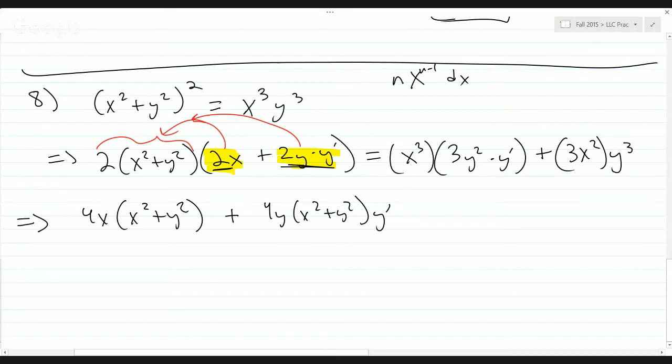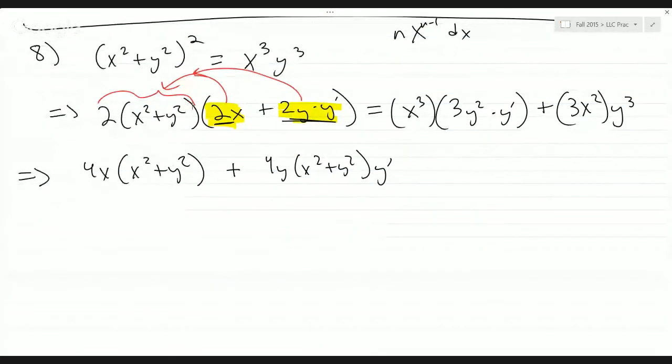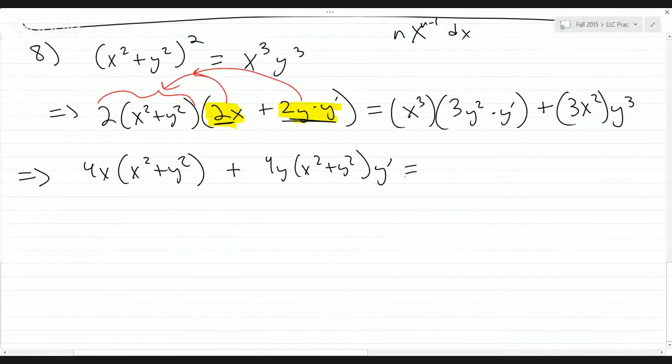All right. So once you guys know that you needed to do that, then it's again basic algebra in isolating y prime. So on the right hand side, we have 3x cubed times y squared y prime plus 3x squared y cubed.